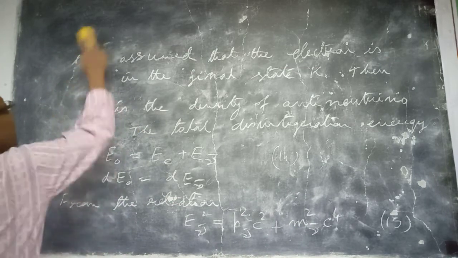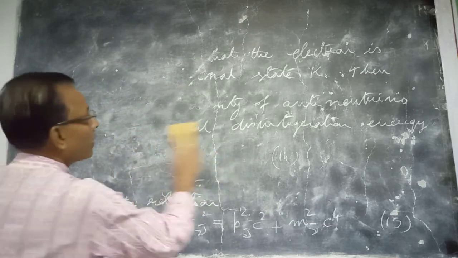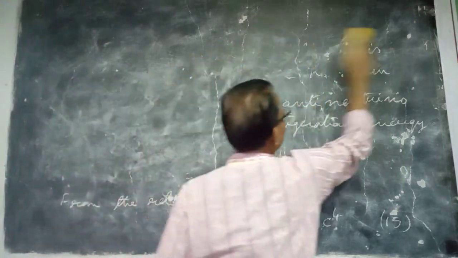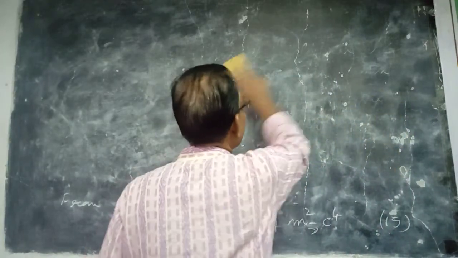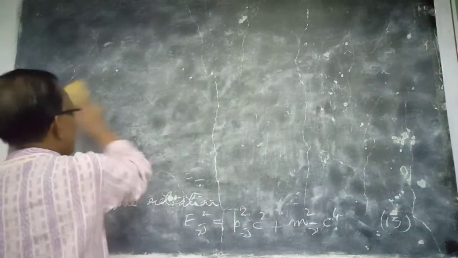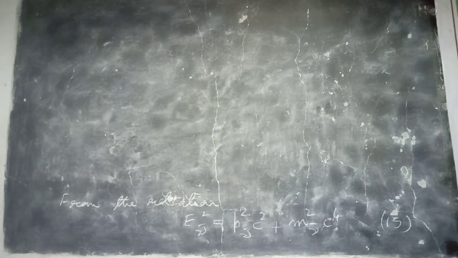Now we use this relation, because the electrons are emitted with a high speed, so we have to use the relativistic formula.